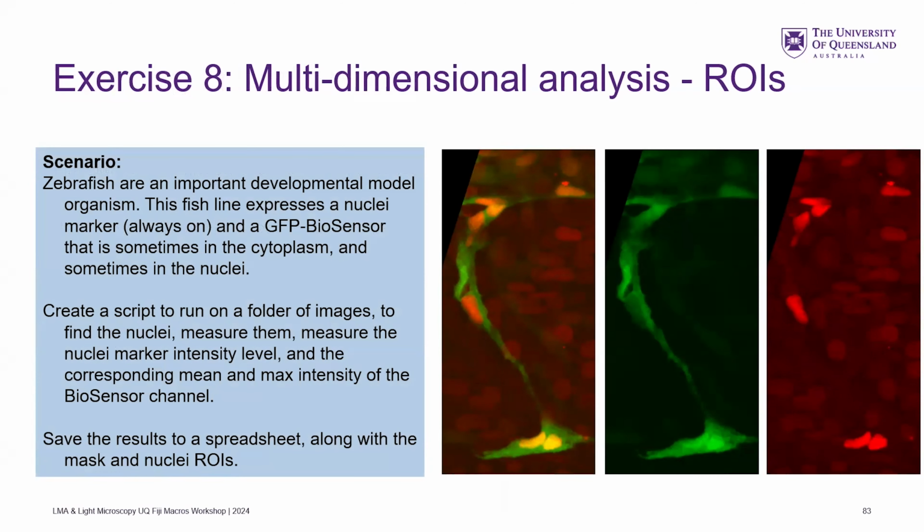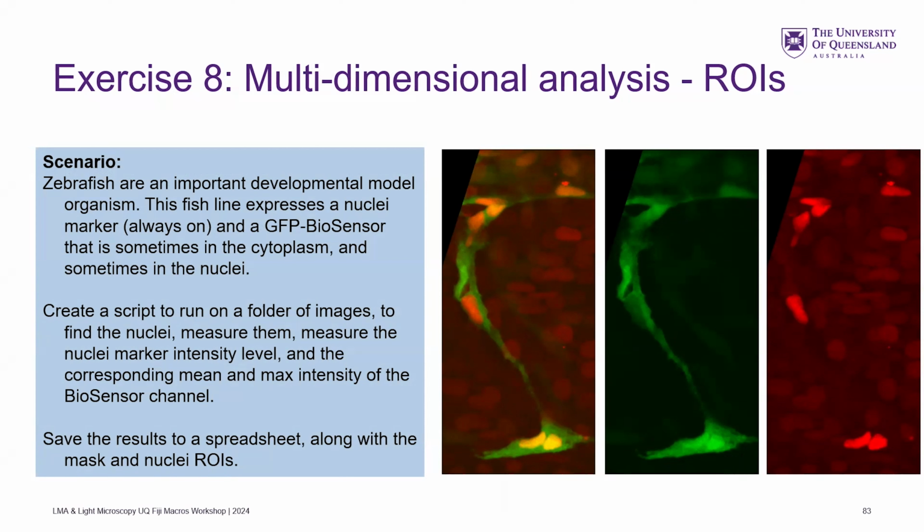Okay. For the next exercise, which is a bit more realistic and a bit more code, this was a script that I worked on with a researcher many years ago now. They were imaging zebrafish, and this is a blood vessel in a zebrafish that's developing, and it's really important.